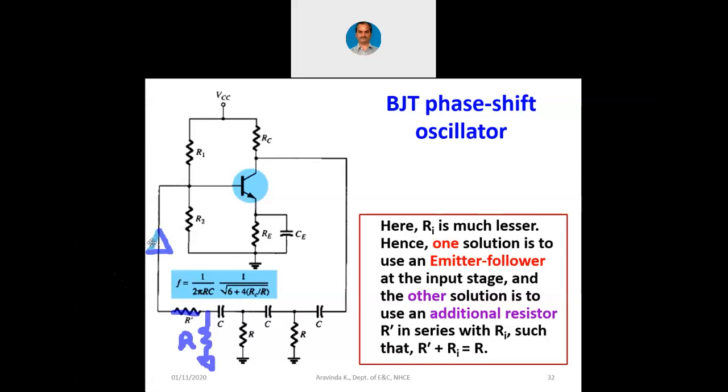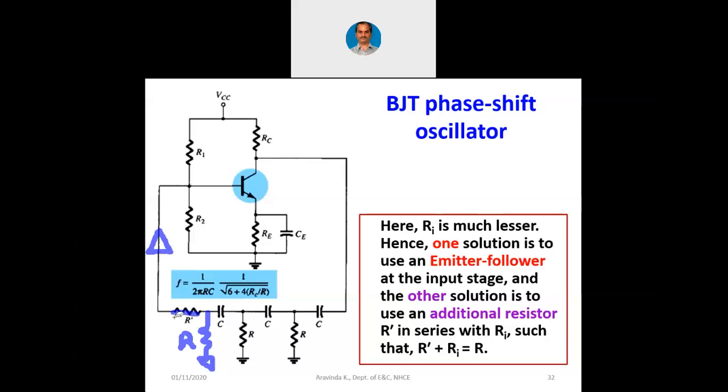Now when there is a common collector amplifier, it has a gain of unity and there is no phase shift also. You already know that the emitter follower circuit will not introduce any phase shift and it will not introduce any voltage gain. It has only a current gain. That means the input impedance of this emitter follower is very high, the output impedance is very low. That way, when the input impedance is very high, this R itself will suffice our purpose.